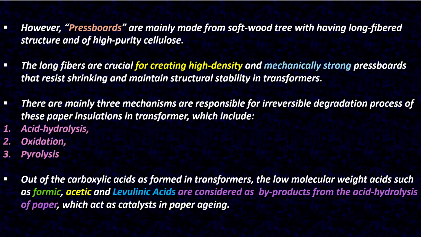Out of the carboxylic acids formed in transformers, the low molecular weight acids such as formic, acetic, and levulinic acids are considered byproducts of the acid hydrolysis of paper, which act as catalysts in paper aging.